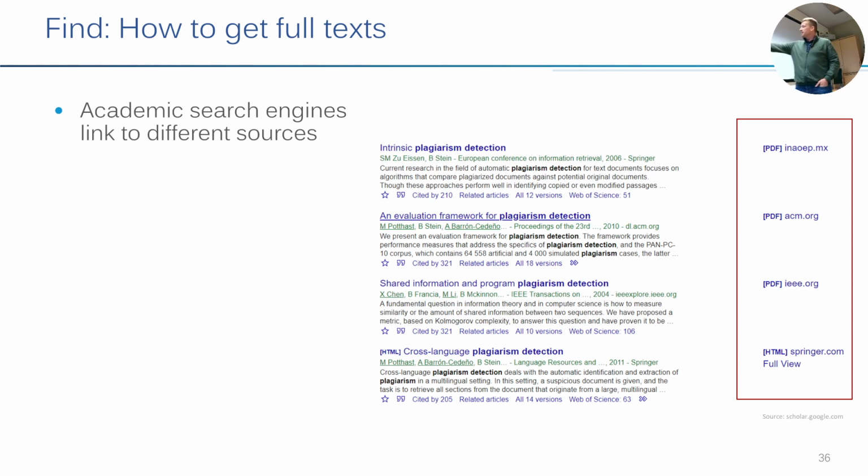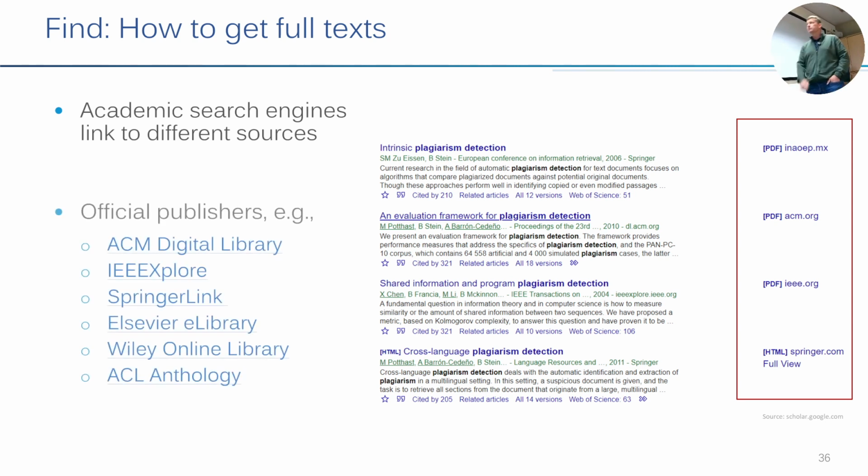Let's start with the easiest case. Sometimes these search engines, of course, find a PDF for it. More and more authors, universities, and so on make their publications also available. Then, if you're lucky, you just have the PDF right there. If not, you can still check the official publishers. Very often, universities have deals with at least some of them, with sub-collections of them.